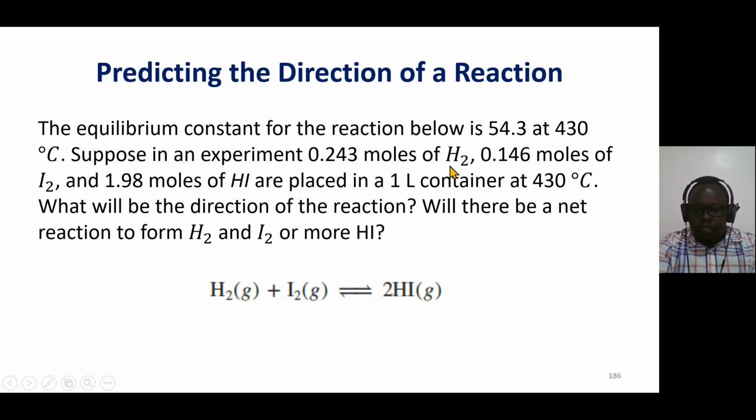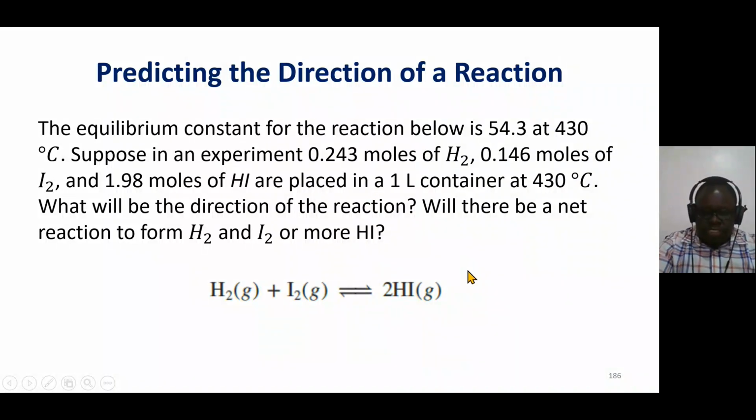So hydrogen is 0.243 moles per liter, iodine is 0.146 moles per liter, and hydrogen iodide is 1.98 moles per liter.